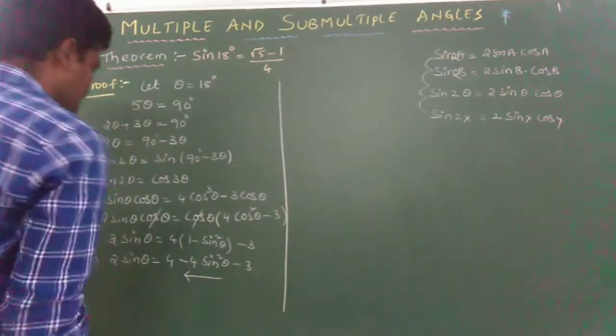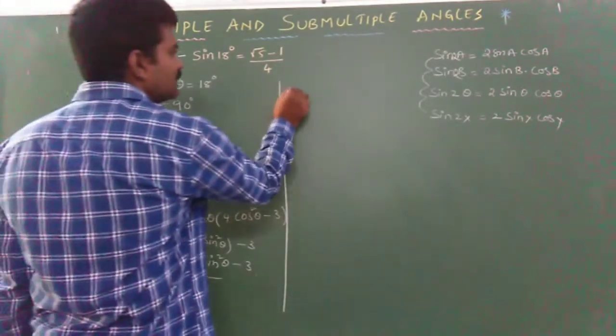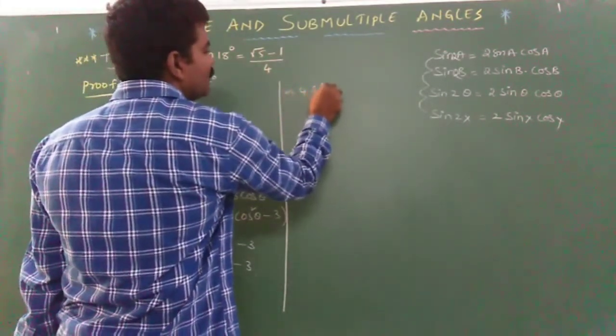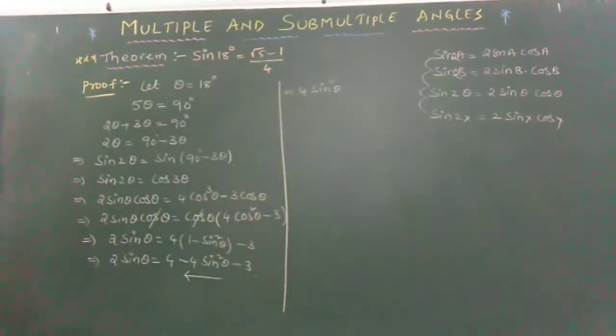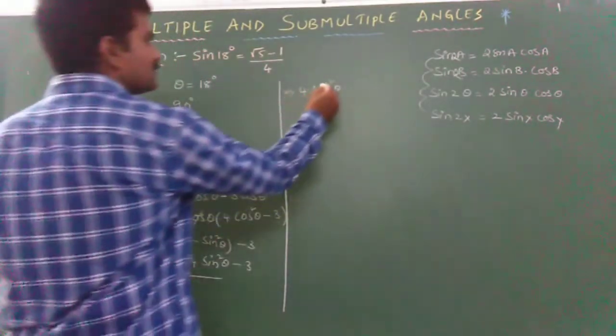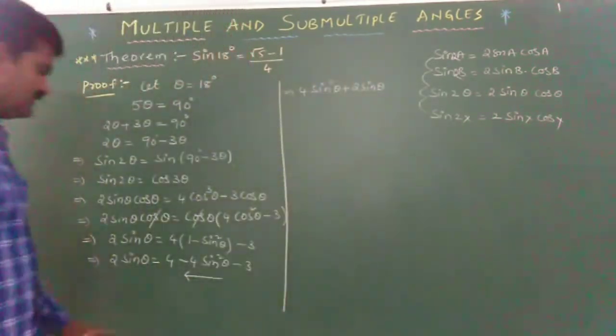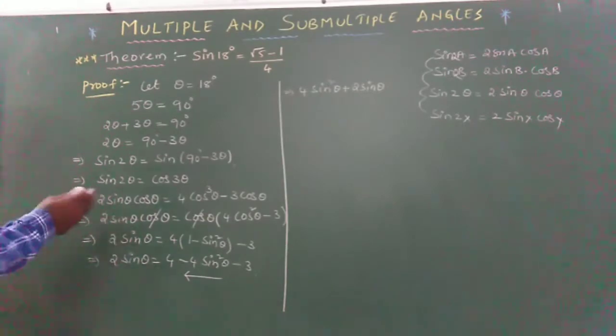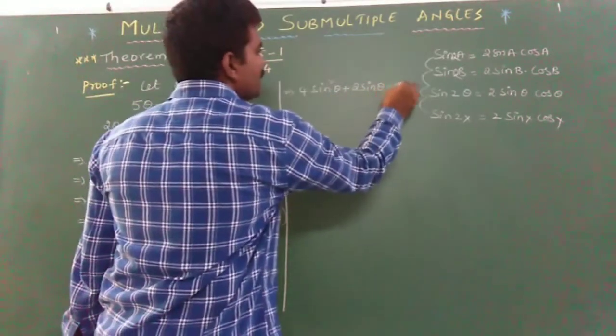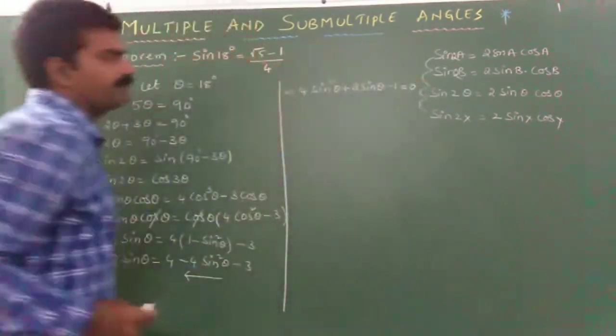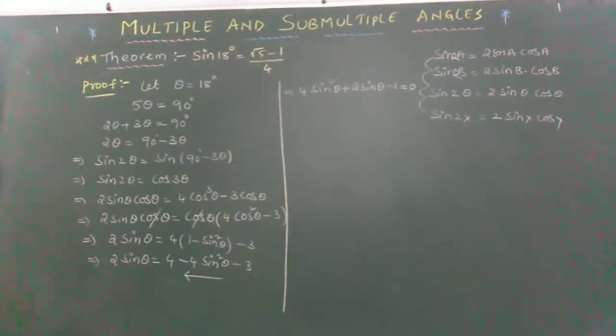Minus 4 sine square theta becomes plus 4 sine square theta. Already there is a plus 2 sine theta. 4 minus 3 is 1, but after bringing it to this side, minus 1, which is equal to 0.